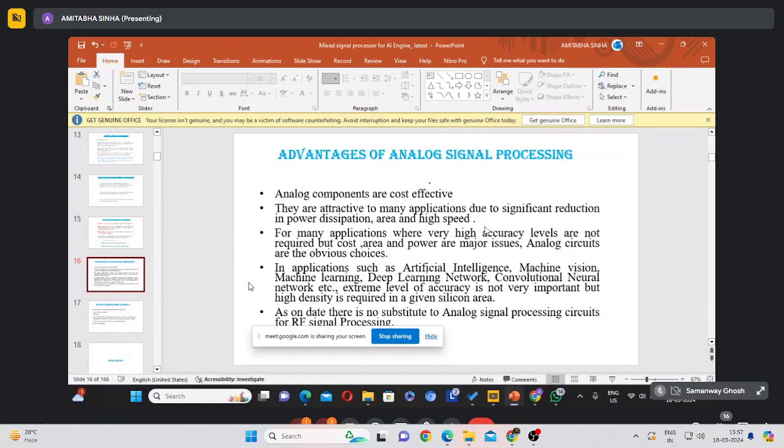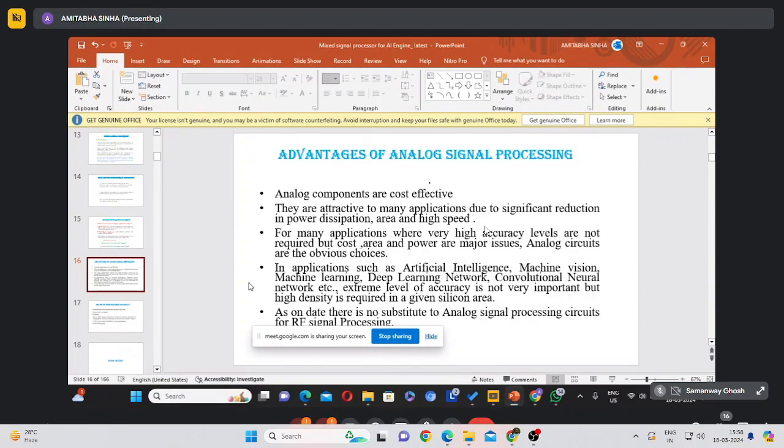Okay, advantages of analog signal processing. So analog components are cost effective. So they are less costly. They are attractive to many applications due to significant reductions in power dissipations, areas, and high speed. For many applications where high level of accuracies are not required and required less cost, analog devices are suitable.